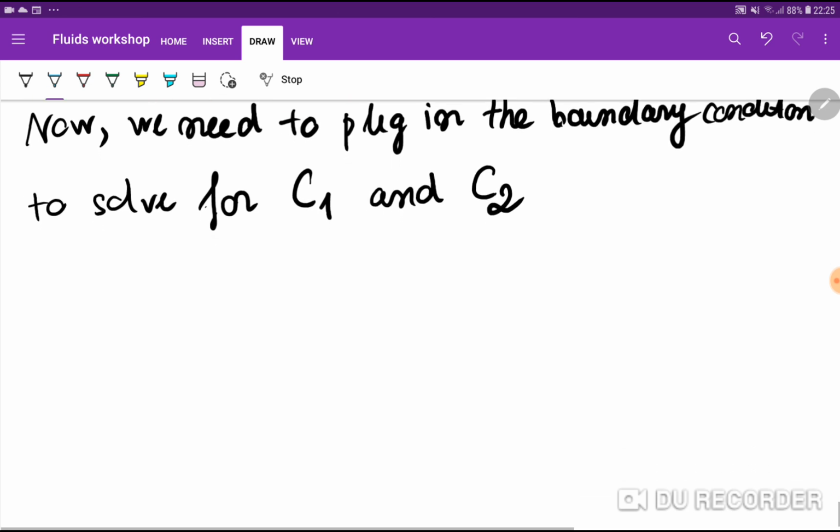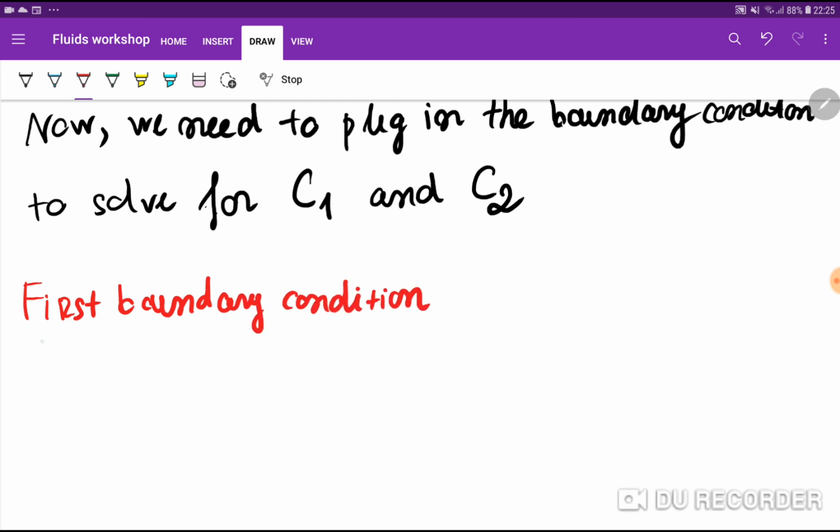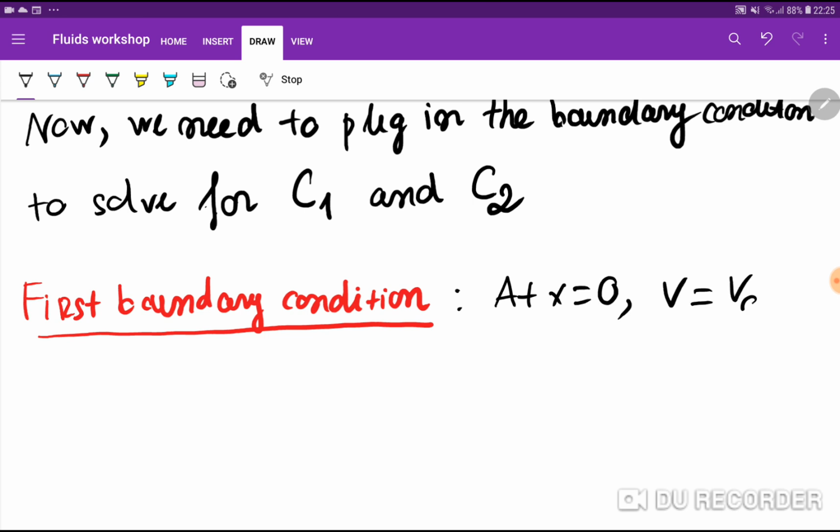What is our first boundary condition? If you look at the graph, at x equals 0, v equals v0.